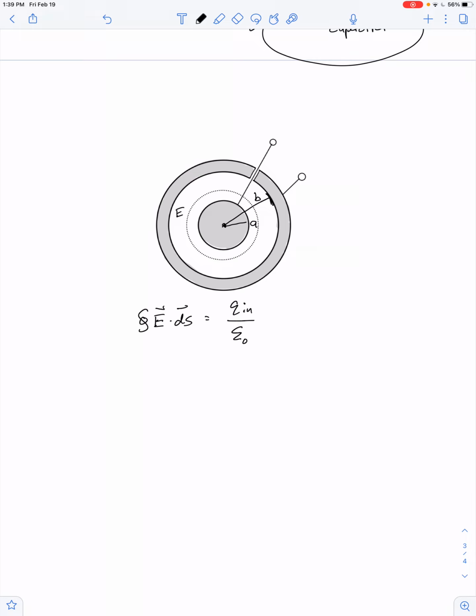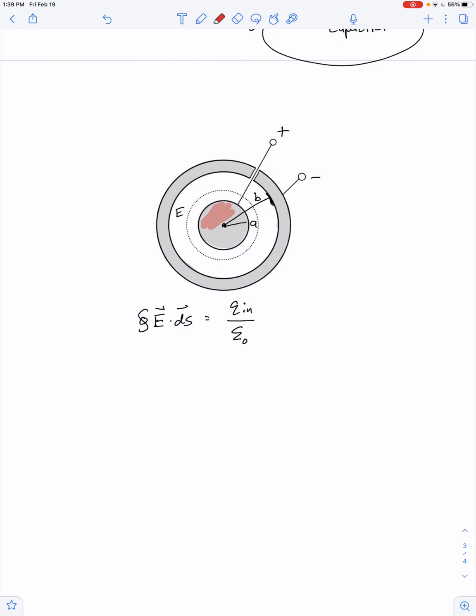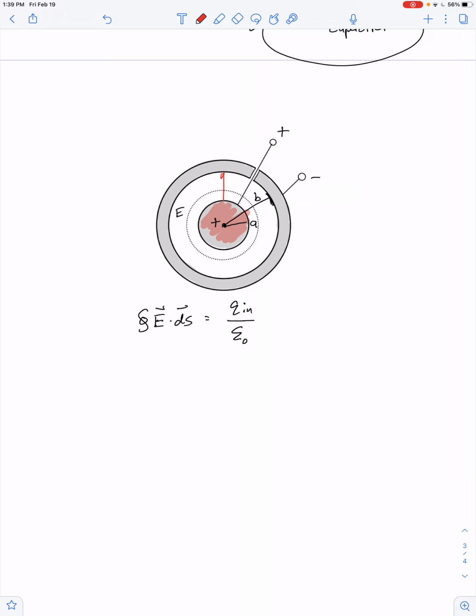And let's say we make the inner conductor connect to the high potential and the outer connect to a low potential of our source for potential difference. So here's our positive charge, and that leads to electric field lines that point radially outward.